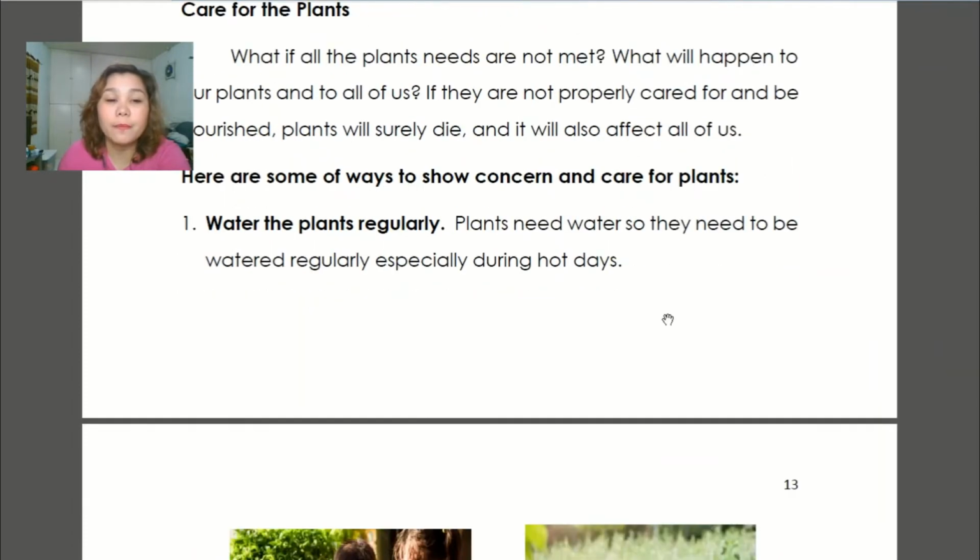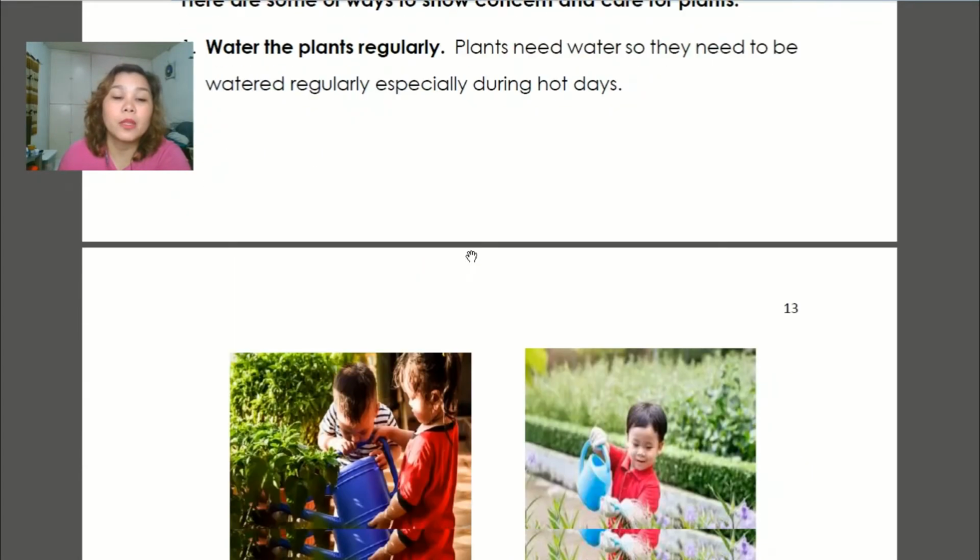Number one, water the plants regularly. Plants need water, so they need to be watered regularly, especially during hot days. Water is one of the needs of plants, so it should be given to them.